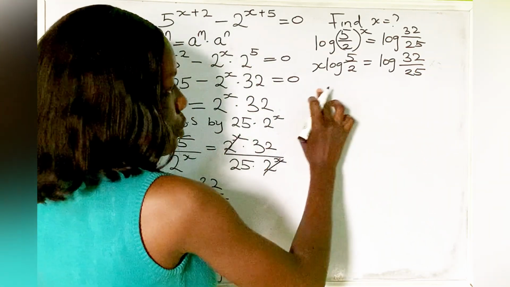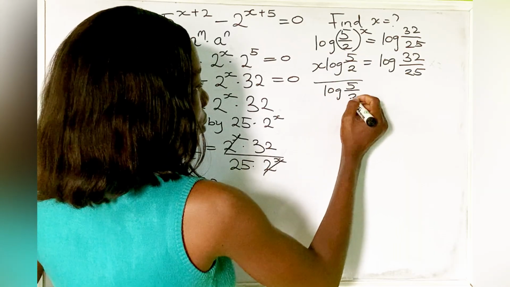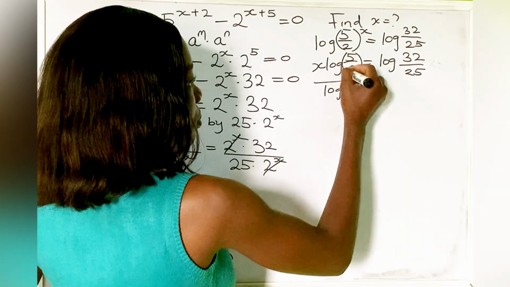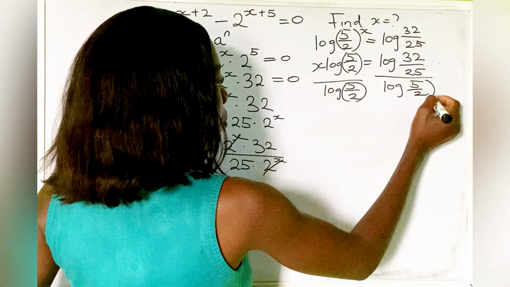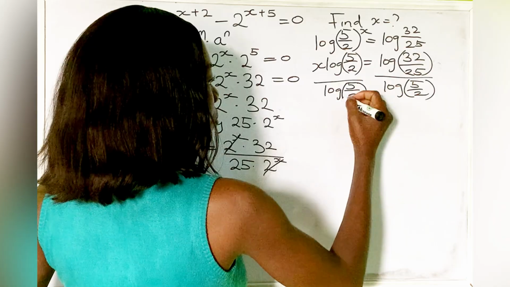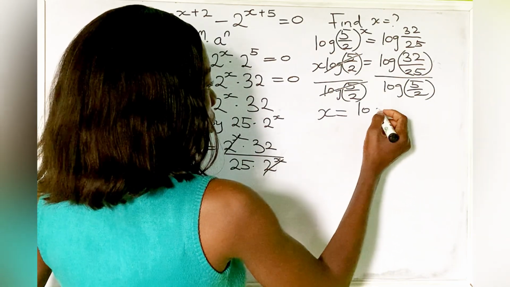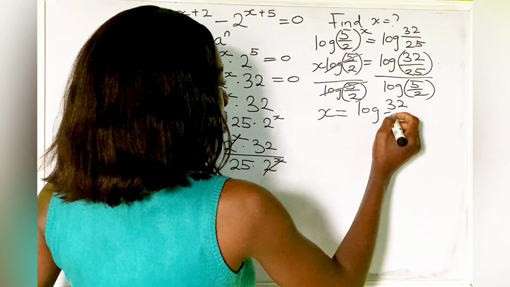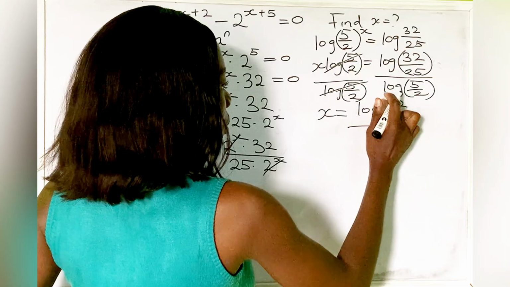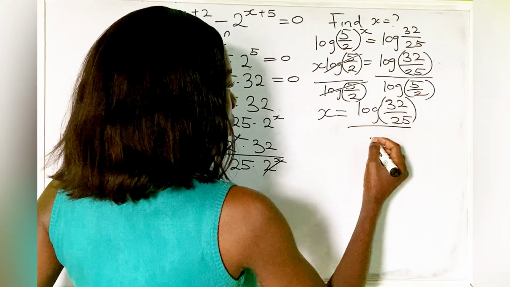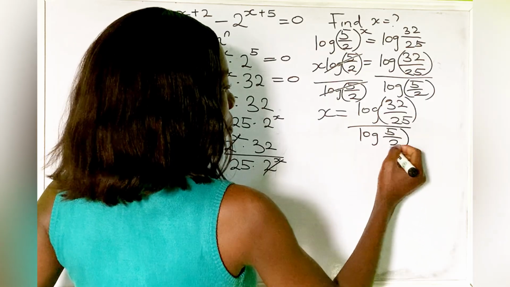Now let's divide both sides by log 5 over 2. So now we have that x is equal to log 32 over 25, over log 5 over 2.